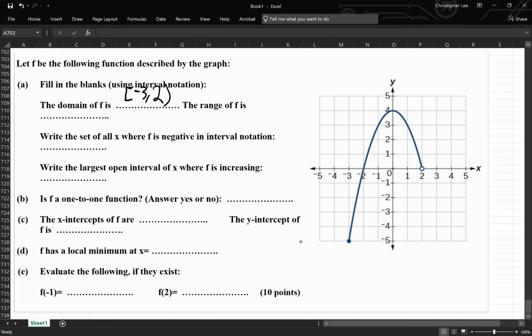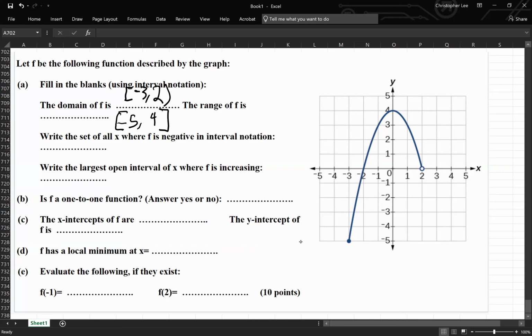So my range is what? -5, bracket, of course, comma, 4, bracket as well. Sorry. That's my range, right?